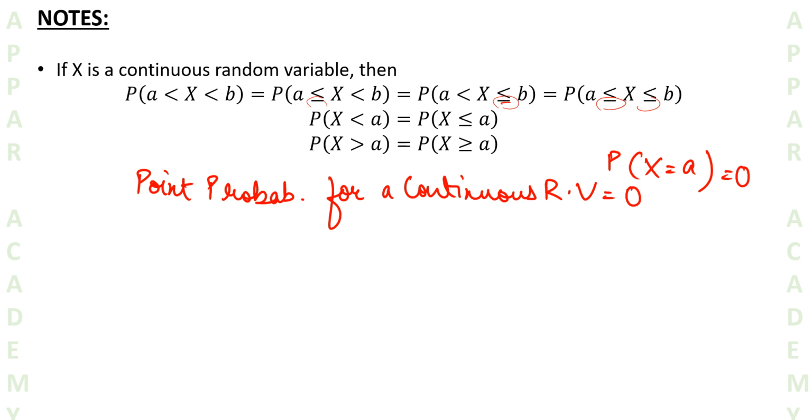For a continuous distribution, we always find the interval probabilities, right? So even if you put this equal to, it does not matter. So the probability x is less than a is equal to the probability that x is less than or equal to a, and the probability that x is greater than a is same as the probability that x is greater than or equal to a, because the point probabilities are always 0 for a continuous random variable, right?